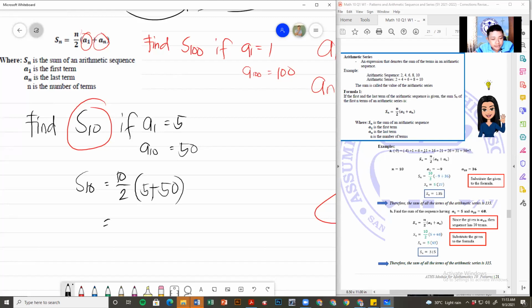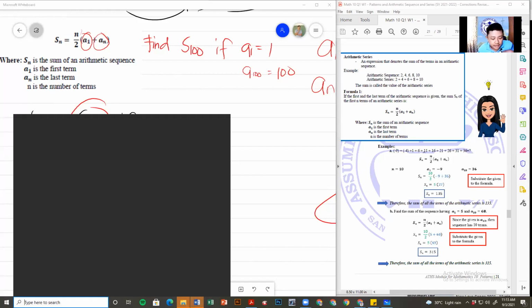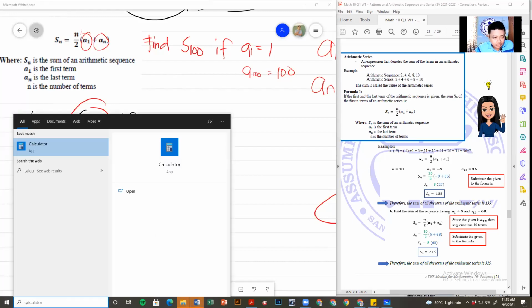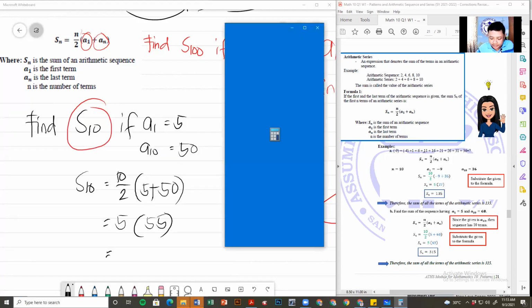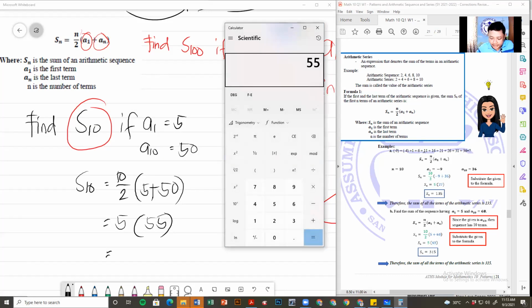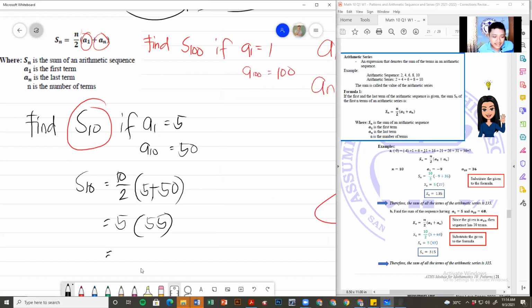Okay, so this becomes 5 times 50 plus 5. That's 55. 55 times 5, what's the answer? 275. And that's the common answer of our classmates.